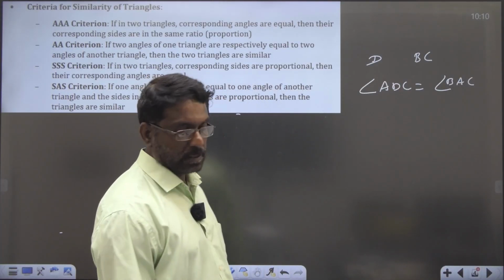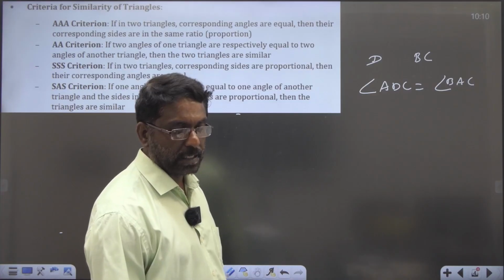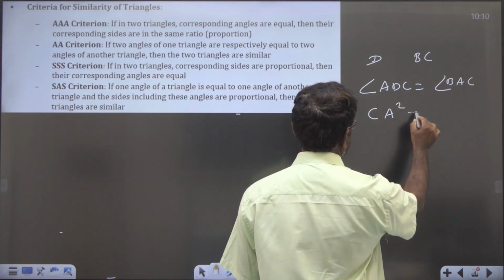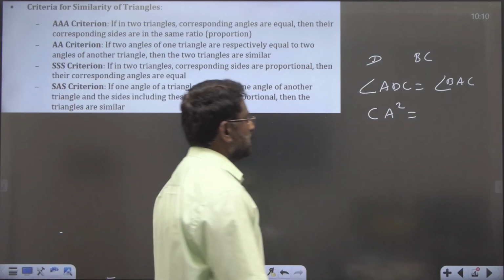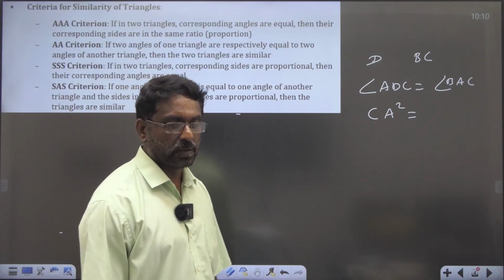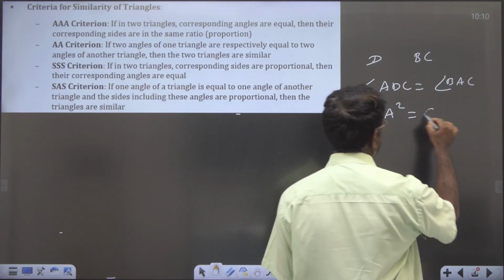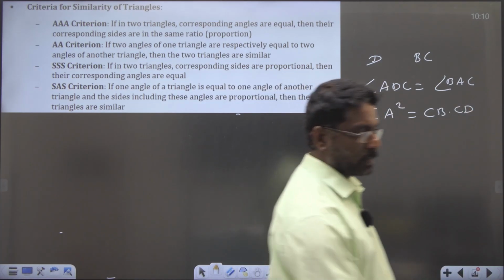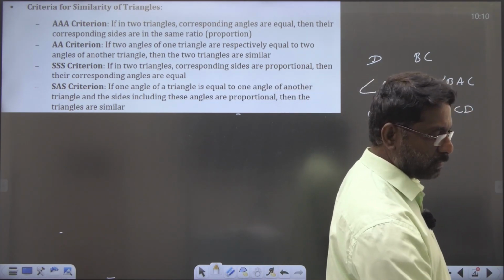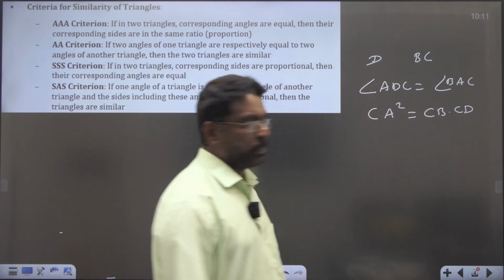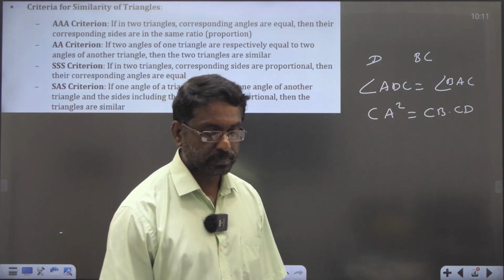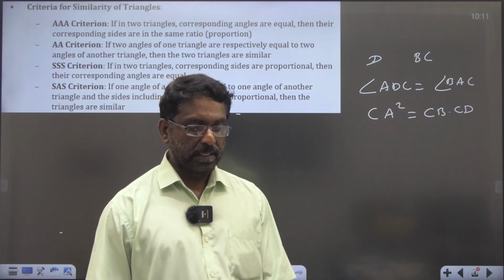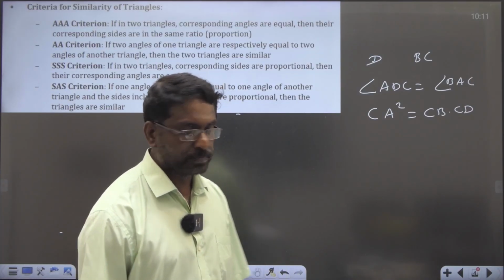Show that CA square is equal to CB into CD. Okay.